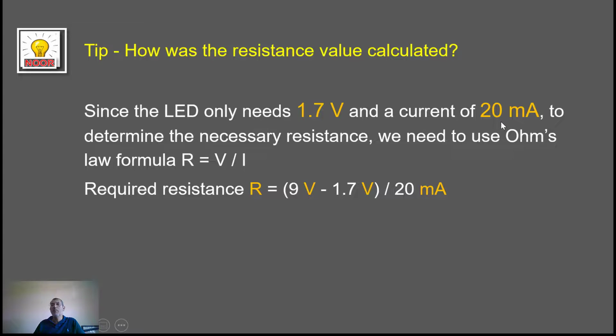That's the maximum rating. We shouldn't have more than 20 milliamp. So to find a good resistor for this project, we have to use Ohm's law, this formula here, R equals V divided by I, and then plug in these numbers. Let's see how that's done.